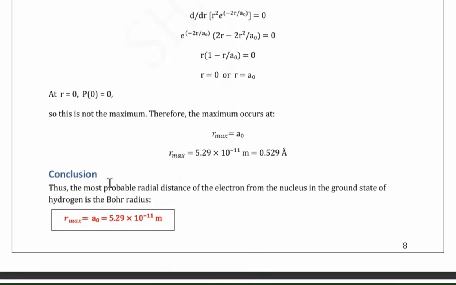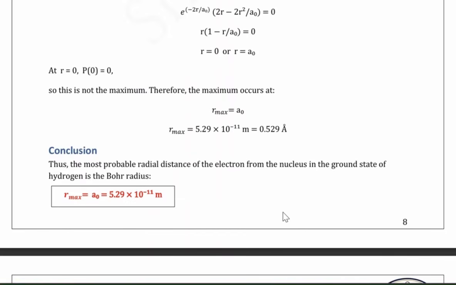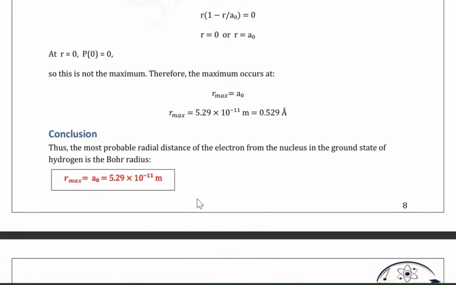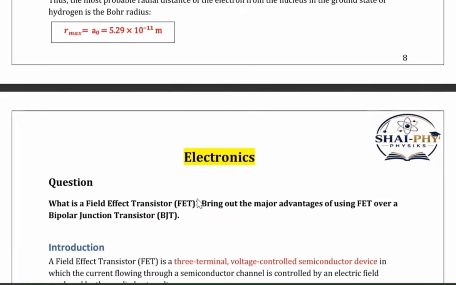In the conclusion, we will write that the most probable radial distance of the electron from the nucleus in the ground state of hydrogen is the Bohr radius, R_max = a₀, which equals 5.29 × 10^-11 meter, or 0.529 angstrom. You can write this as well.